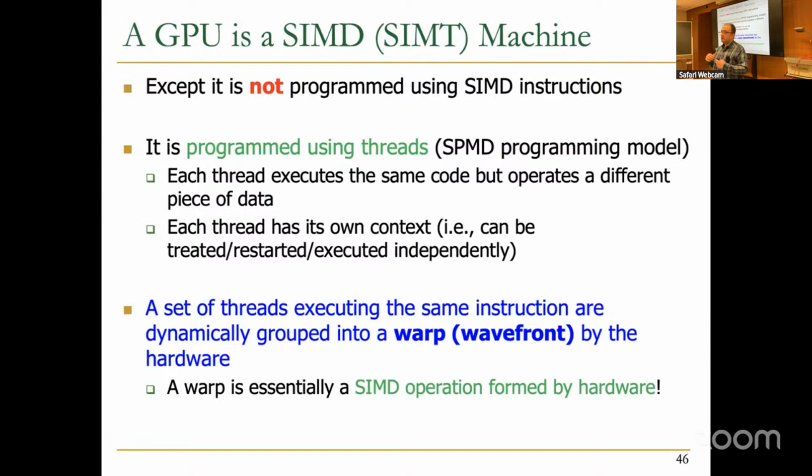The programmer just assigns blocks of threads to the GPU, and then hardware makes these warps out of those blocks. So the programmer does not need to deal with warps at all. But in order to program it nicely and more efficiently, the programmer needs to be aware of warps, because that can provide much better performance.